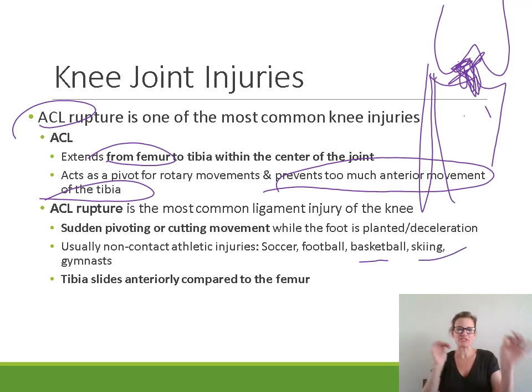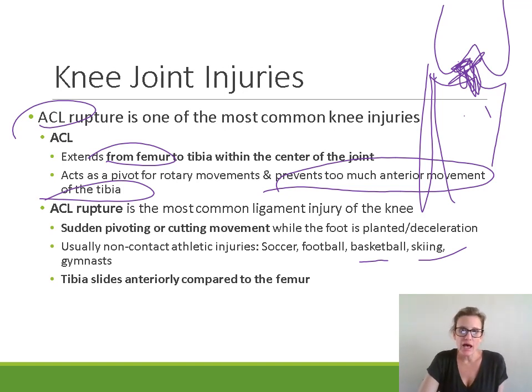So there's differences in the sexes in different sports. They're not common in men's basketball. They're very common in women's basketball. We don't see them much in recreational skiing, but we see it in alpine skiing. So there's some variability there. Gymnasts, it's very, very common in gymnasts as well. You can imagine all of the twisting and all the force when someone lands, that would be common.